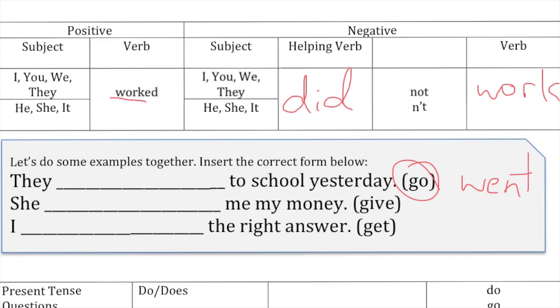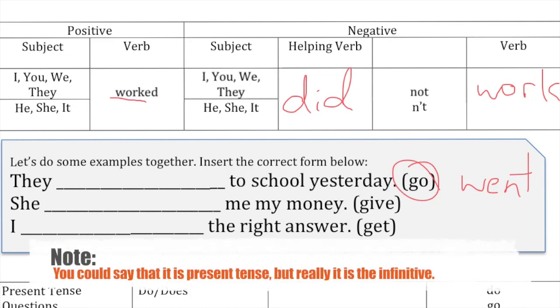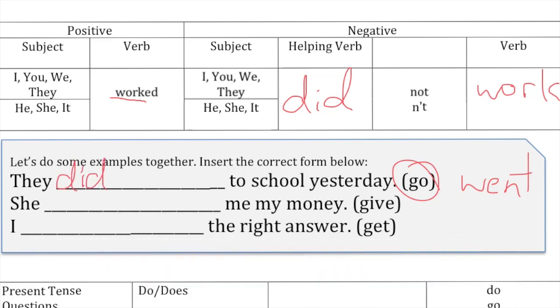But when we make the negative, we don't need that. We just need the present tense. So they did not go to school yesterday. We don't use the past tense, we use the present tense, just as you saw over here.